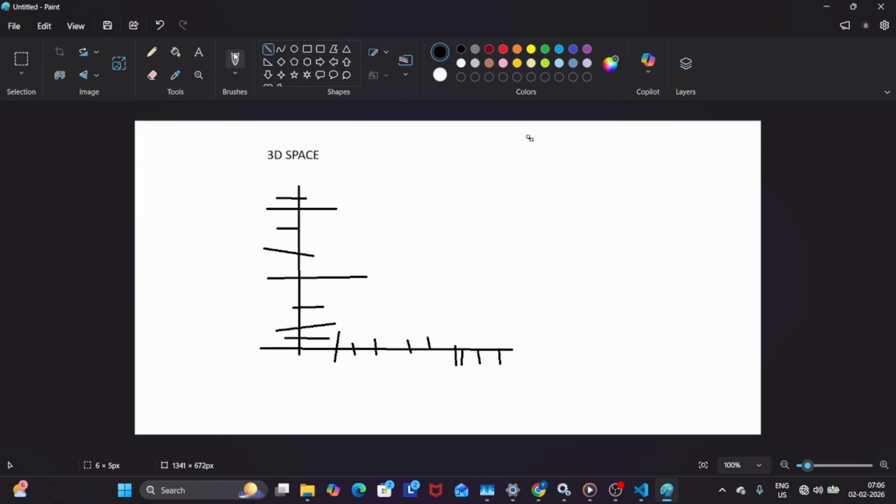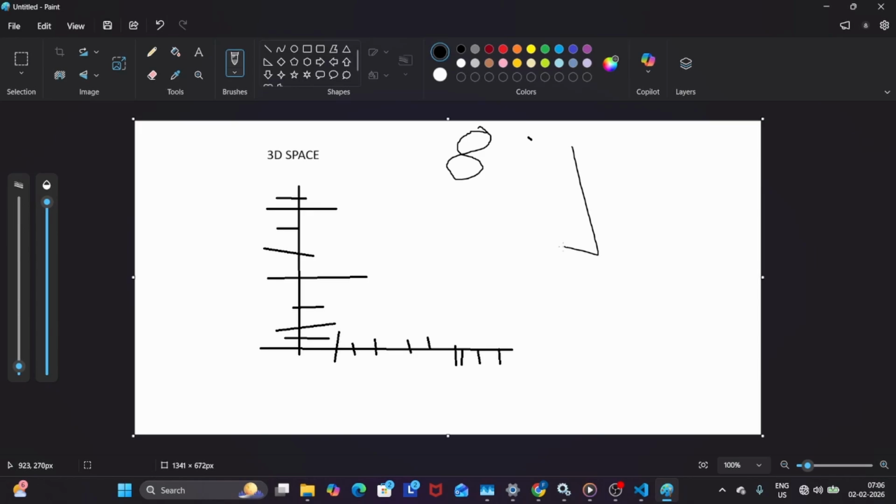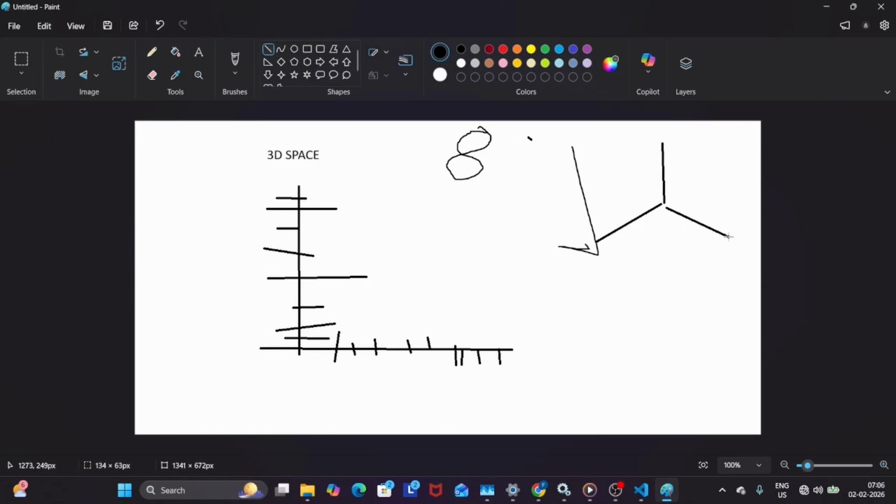How will we draw it? In real life, it would be like this. Then this. Then this. And what would be the length? It would be 8 to -8.